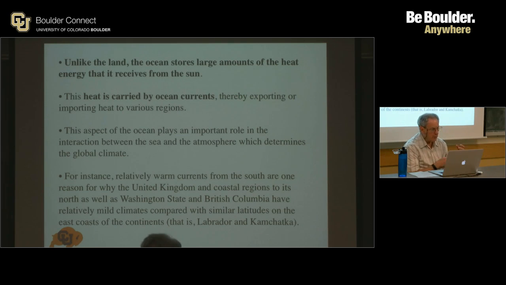So if you think about the climate of Washington State and British Columbia compared to the East Coast at that same latitude, totally different climates. If you think of the UK versus Siberia, which is sort of the same latitude, totally different climates. And that's because of the presence of the ocean bringing this heat.